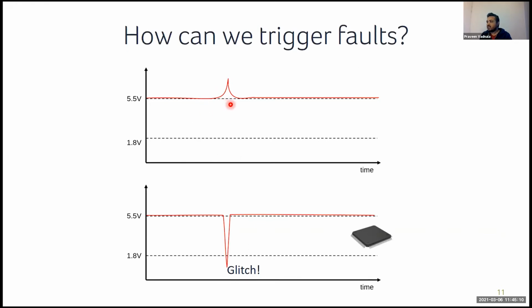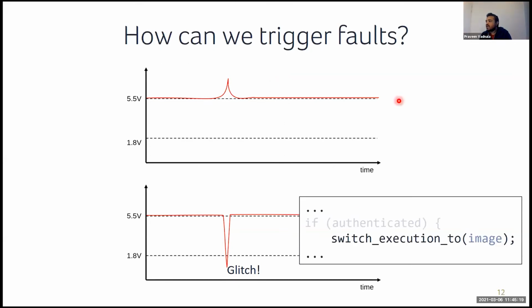So we want to change this voltage outside the safe operating area only for a very slight amount of time. And if you remember the previous example, we want to change this voltage exactly when this if check is being executed. By that, we would be able to execute an image which was not authenticated.